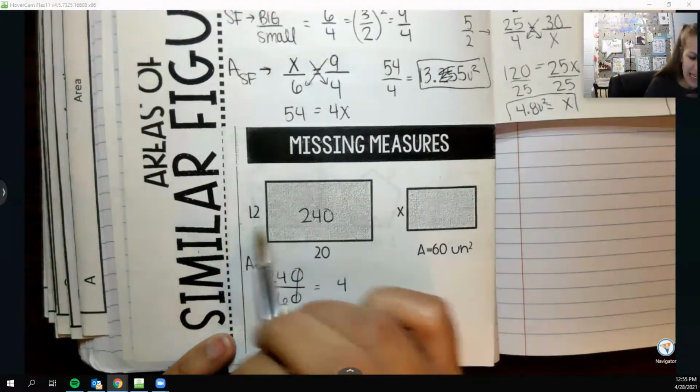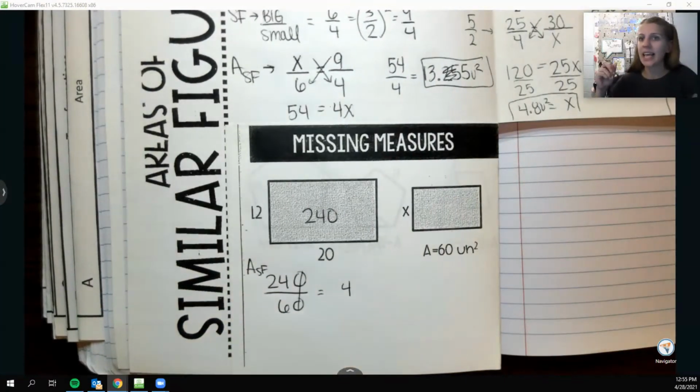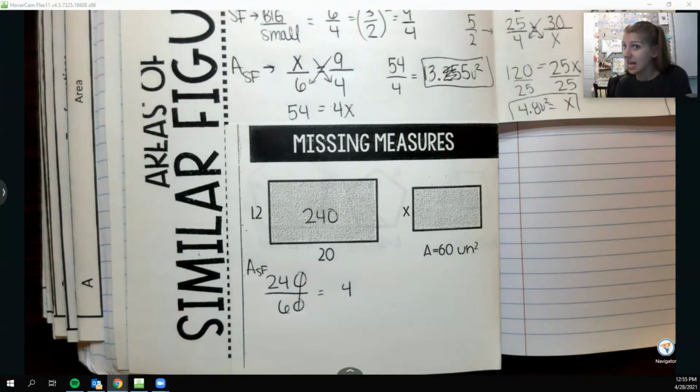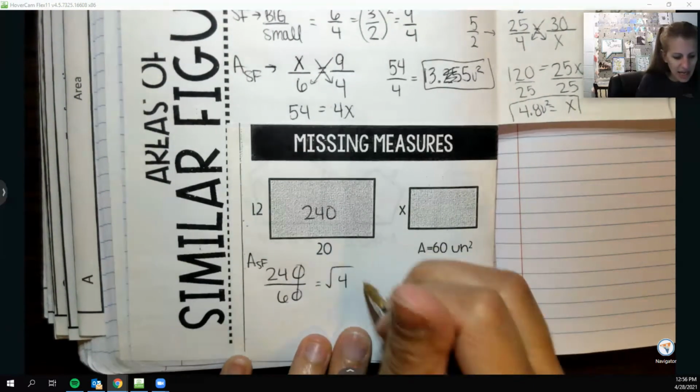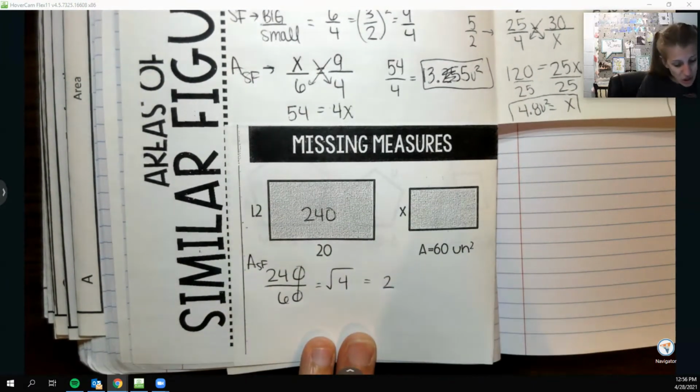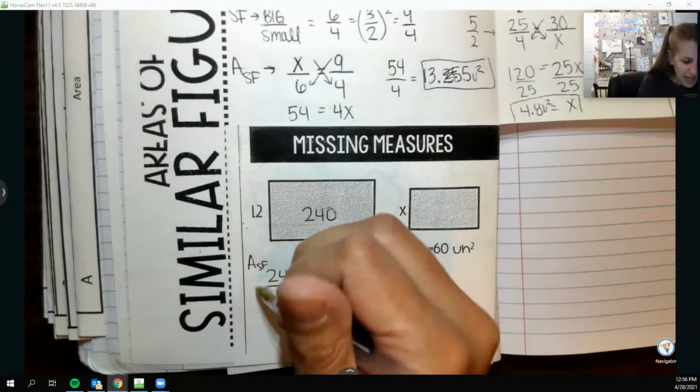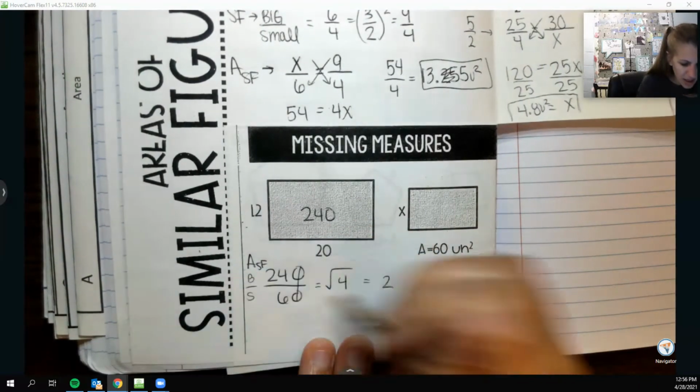And then if I want to find the side, I need to get back to the scale factor, which is, if I squared the scale factor, then I had the area. So I need to do the opposite of squaring it, which is square rooting it. So if I square root this, then I get that my scale factor is 2. Again, here I'm doing big over small.